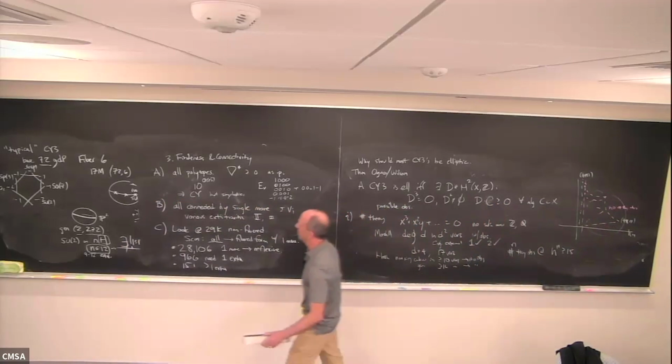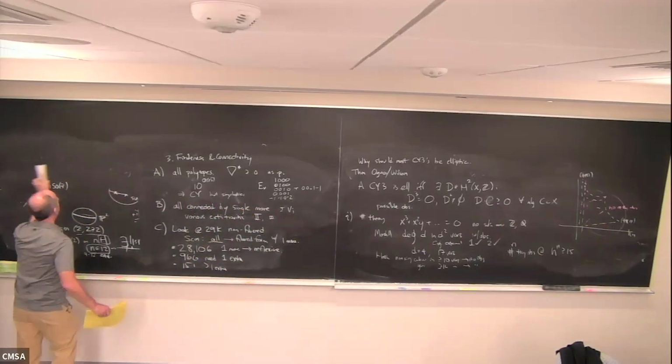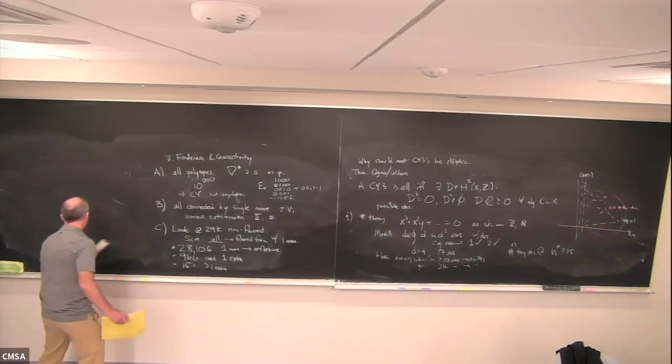Okay. If we take kind of a statistical point of view, the only other obstruction there could be is a cone obstruction. And I'm short of time, so I won't go through the argument. It's pretty simple.